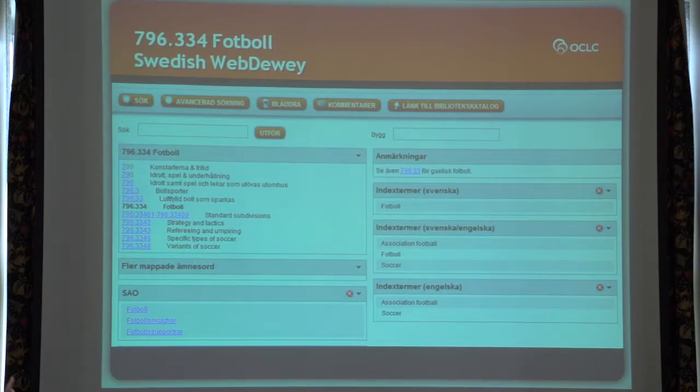Now, down in this corner here are the Svenska Ämnesord headings that are associated with this. So remember, we had that LCSH and we had the BISAC headings. Well, here they have three headings from their subject heading system associated with this class.